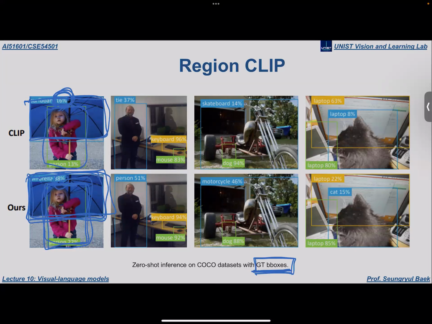Other results are similar, right? This probability is 51, this probability is 37, like that. This is higher than this. This is slightly less. Anyway, for the regional description, RegionCLIP is better than CLIP.